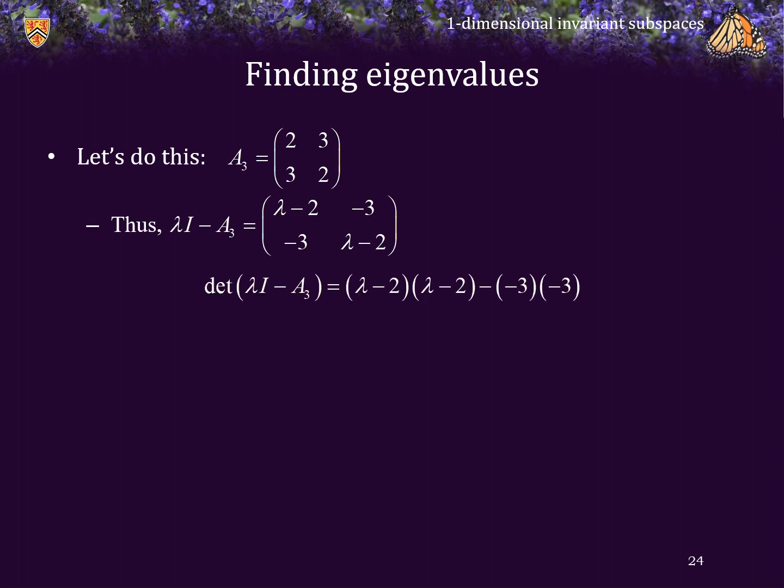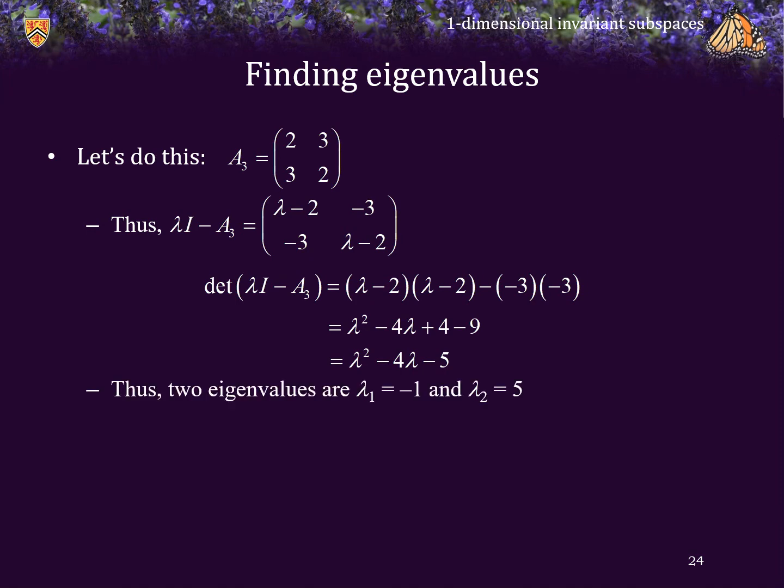The determinant of this matrix is just lambda minus 2 squared minus negative 3 squared, which expanded is lambda squared minus 4 lambda plus 4 minus 9, which is equal to lambda squared minus 4 lambda minus 5, and you should be able to deduce that the roots of this polynomial are negative 1 and 5. So thus we have our two roots.